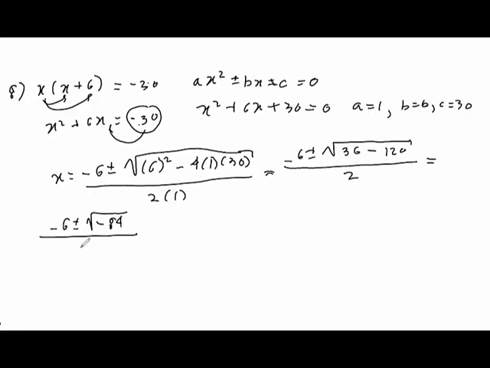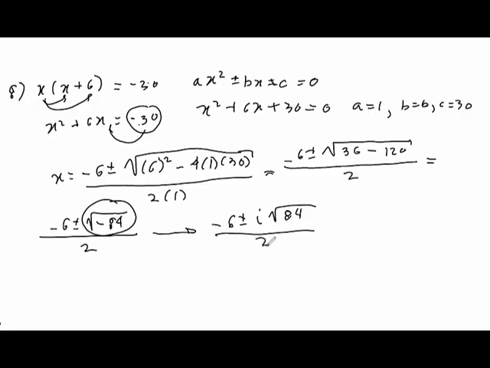Now we see, if you notice here, that we have a negative under the radical sign. So that tells us that our answer is going to be a complex number. So this means we have negative 6 plus or minus i square root of 84 all over 2.